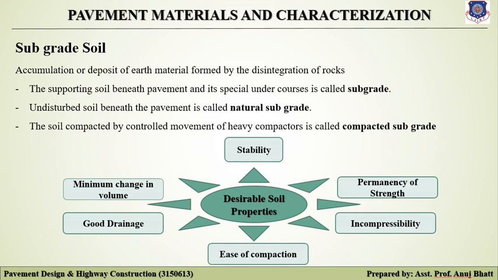As a highway material, the desirable properties are: first, stability; minimum change in volume; permanency of strength; incompressibility; good drainage; and ease of compaction. So let us go thoroughly through these properties.